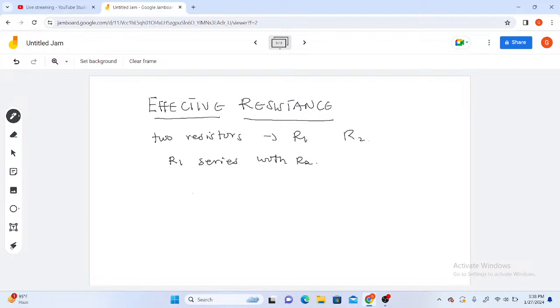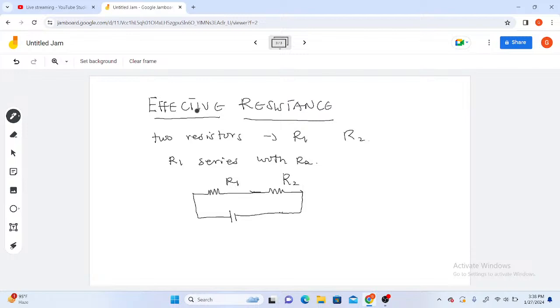The illustration is this. I have my R1 here, which goes into my R2 here, and the two will move to a source down here. You can see that these two resistors are in series because there is no node between them. How do I find the effective resistance of this?